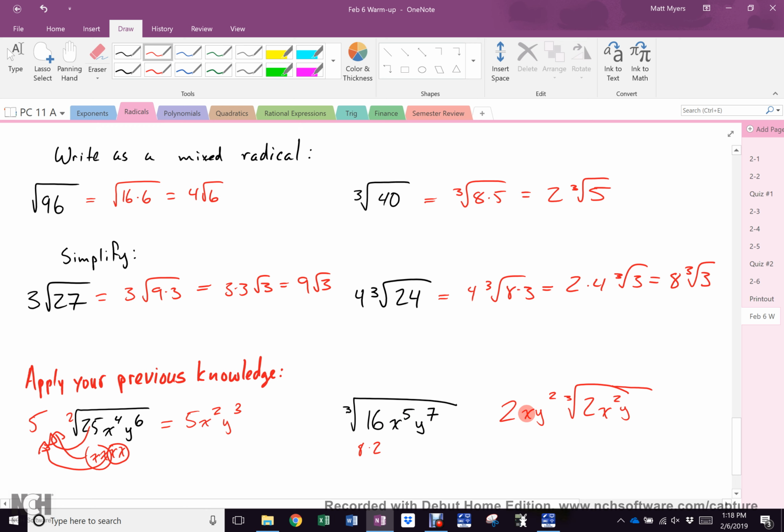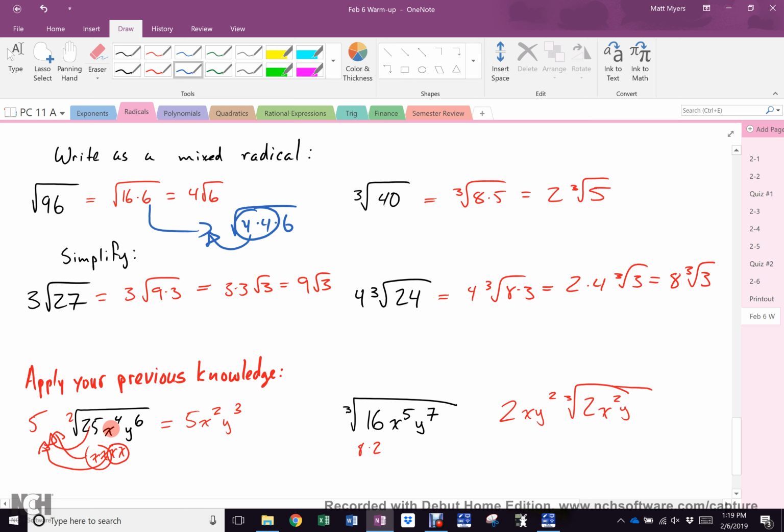How many groups of 3 can I get out of 5? 1. So there's 1x, leaving 2 x's under the radical sign. How many groups of 3 can I get out of 7? 2 groups of 3, leaving 1 y under the radical sign. Please notice there is nothing new. When we were working up here, it was just root 4 times 4 times 6, so I brought out the group of 2.